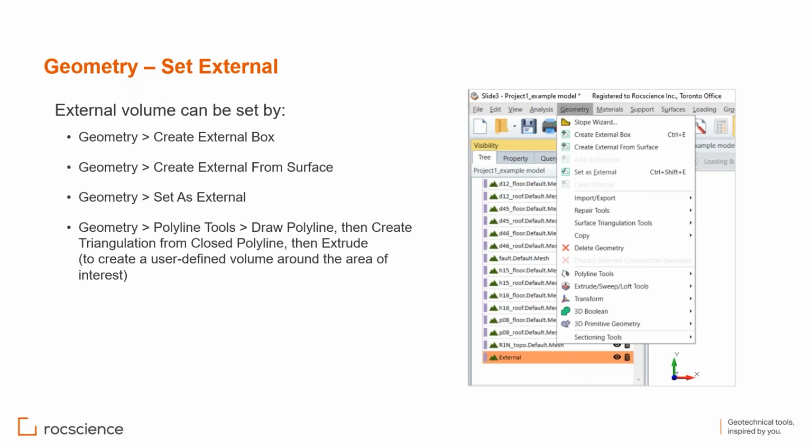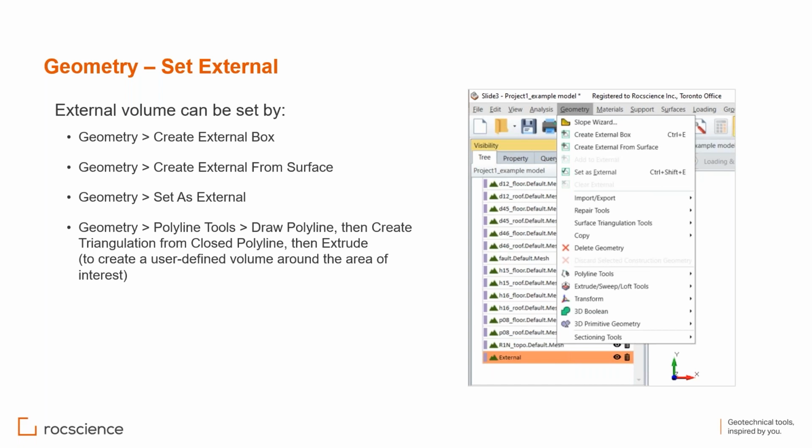So it has to have a lock in front of it, which I'll show you in the example, to make sure that the software is going to do the computation on it. There are different ways of making external geometry using a box, external from surface, different options that I'll show you a few of them later in the examples.